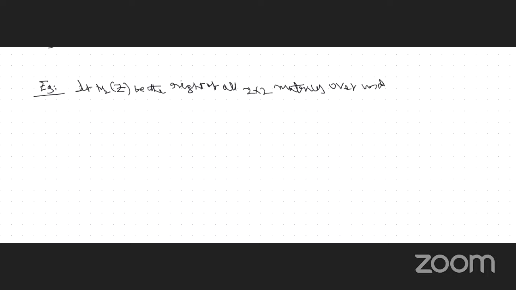Here plus means addition and multiplication means nothing but star.